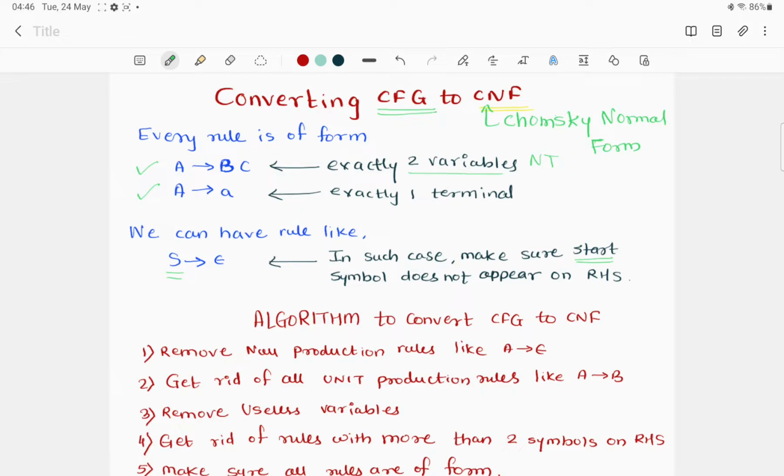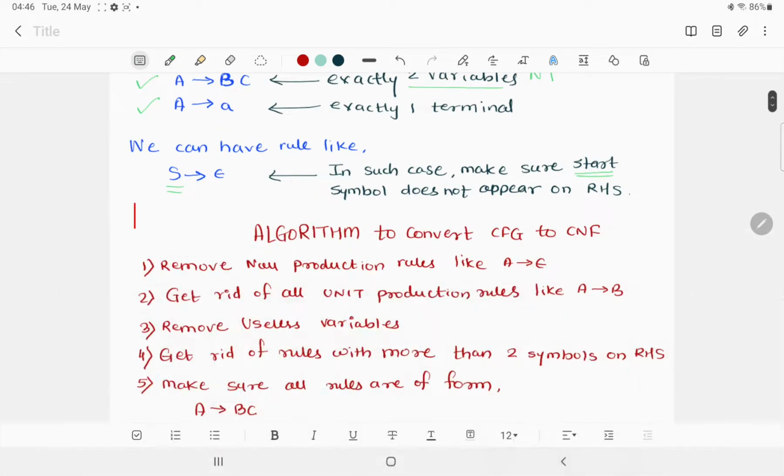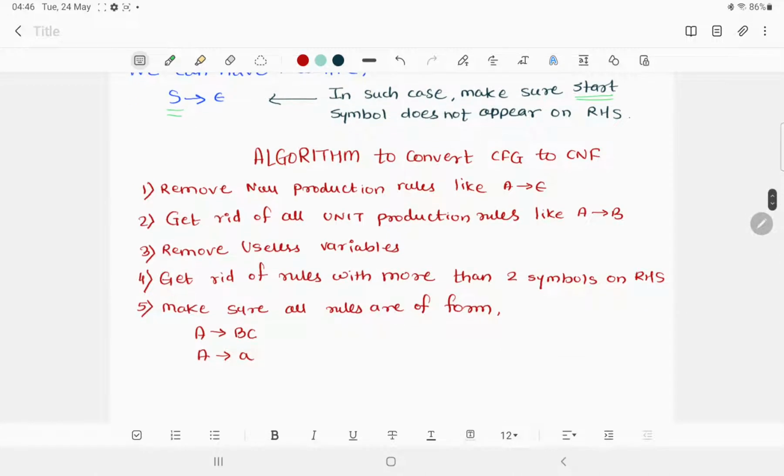Now let's see the algorithm that we use to convert the given context-free grammar to Chomsky normal form. The algorithm has 5 steps. First step, remove the null productions like A giving epsilon. Whatever null productions we have, we are supposed to remove. The second step is to get rid of all the unit production rules.